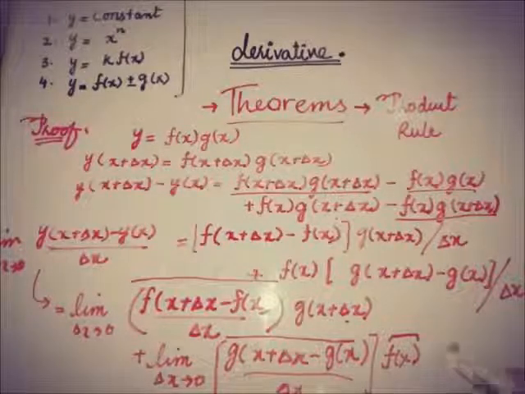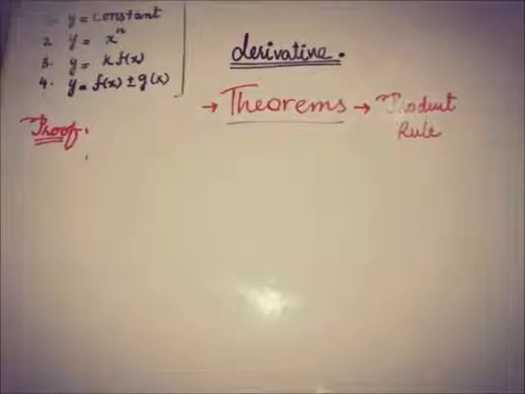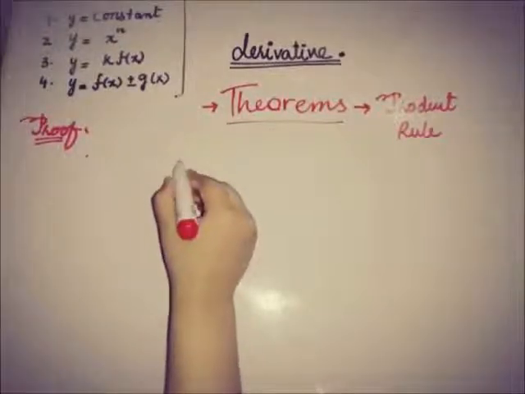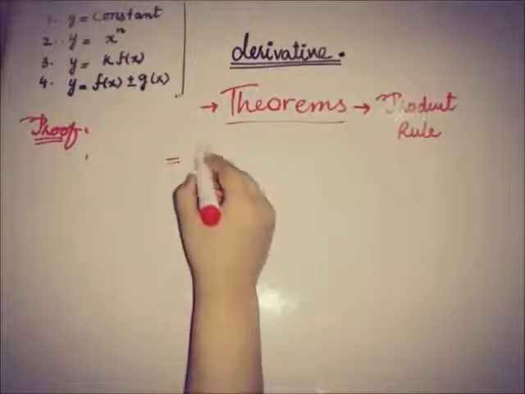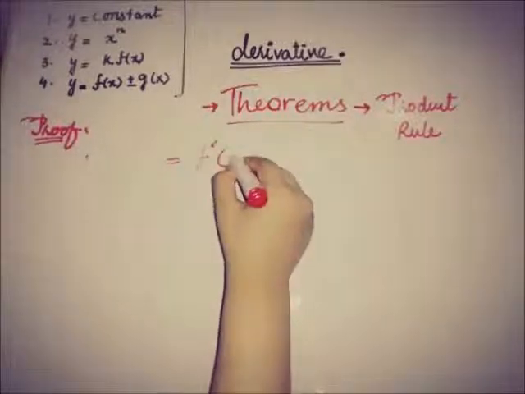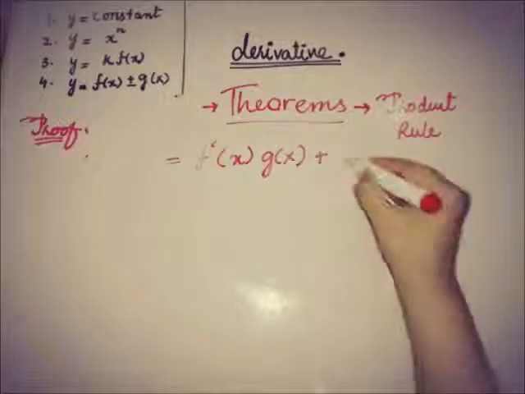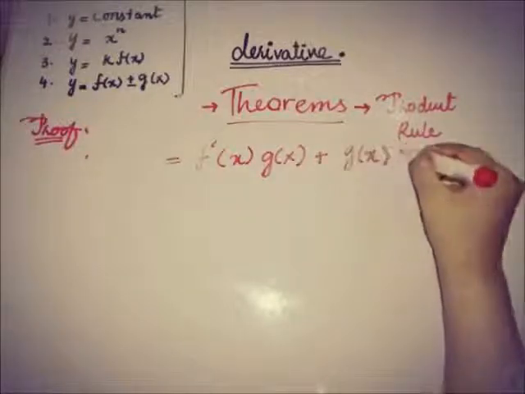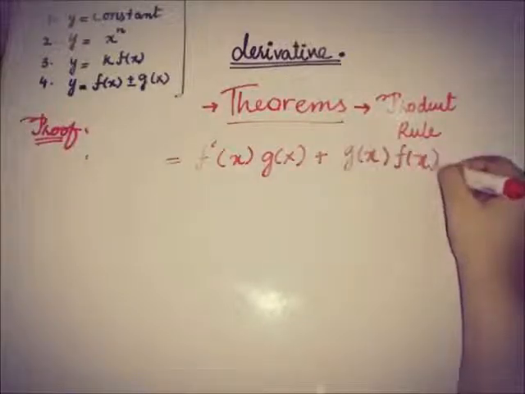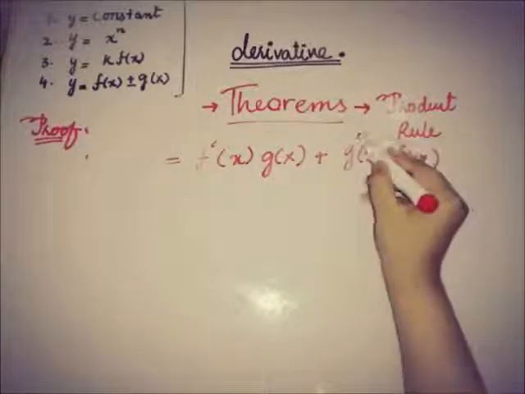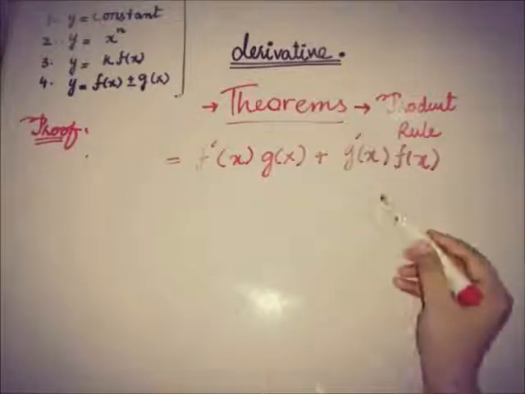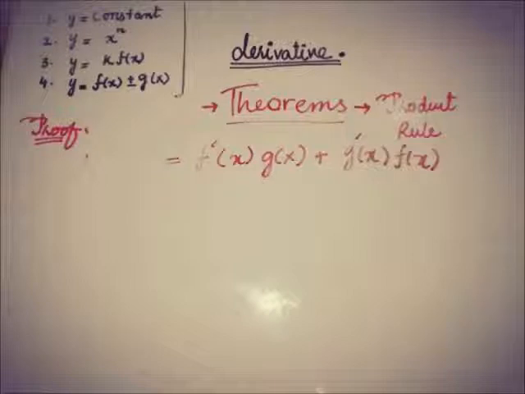So our final statement will be f dash of x g of x plus g dash of x f of x. So this is what the theorem says about the product rule, and we proved it by the definition or by first principle.